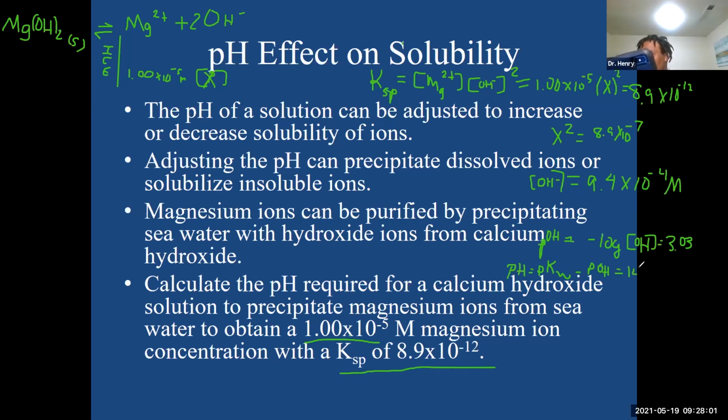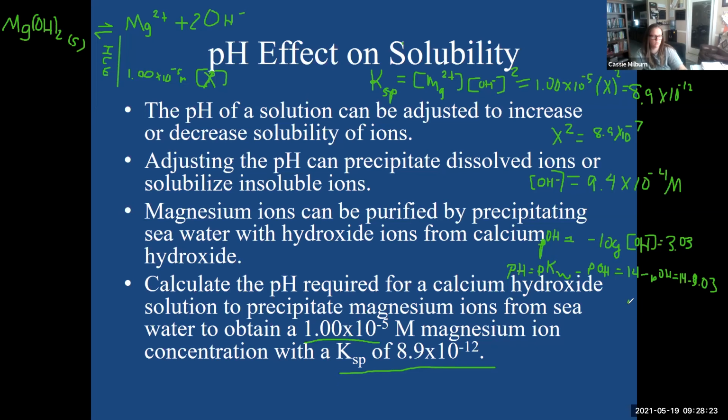So it's 14 minus our pOH. And we know our pOH in this case is 3.03. So then it's 14 minus 3.03, 10.97. pH is going to be 10.97.